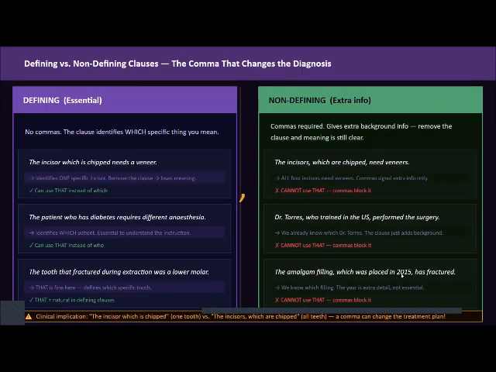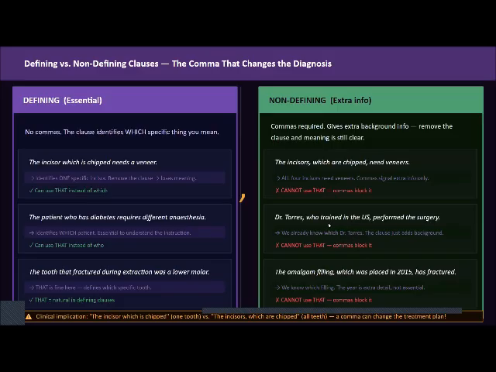You see 2 and you have 1, 2, 3 places. 2015 has fractured. Good. So Dr. Torres performed the surgery. Dr. Torres was trained in the US. The amalgam filling has fractured. When did it get placed? It was placed in 2015. These are examples of extra information.